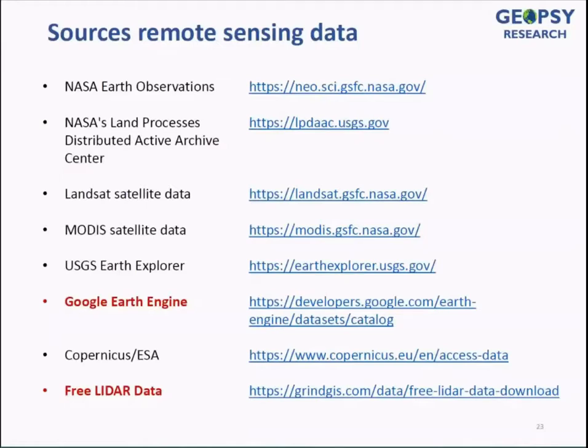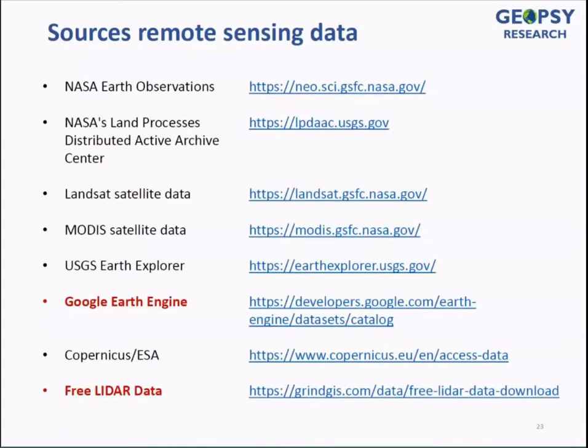When satellite imageries became free and open, Google archived every satellite imagery that was free and open, and also provided a scripting platform where you can access this data, analyze it, and visualize it. So when you go to that link, you'll be able to access the data and interact with it.